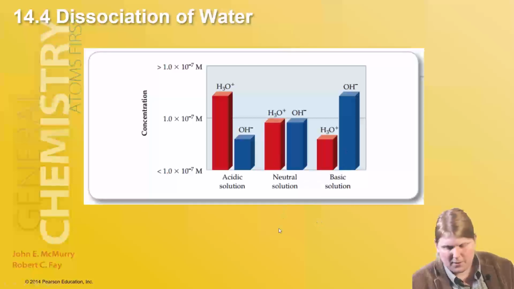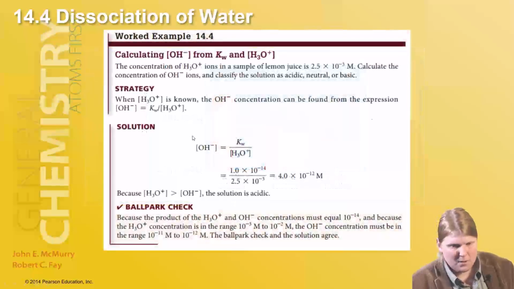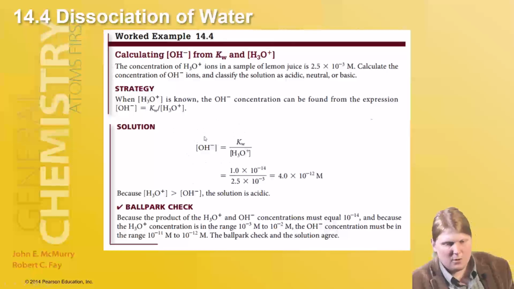And this is just a pictorial description of that same idea. So how could we calculate this? Well, if we know the value for Kw is 1 by 10 to the minus 14, and they give me one concentration, which for this lemon juice is 2.5 by 10 to the minus 3 for the acid concentration, we can put that in and then divide our Kw by that and get the concentration for OH minus.